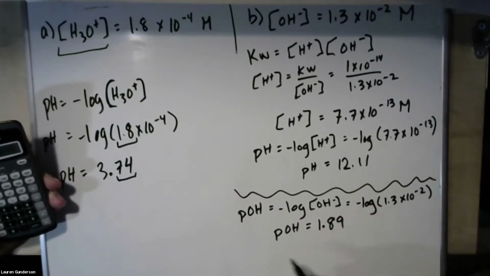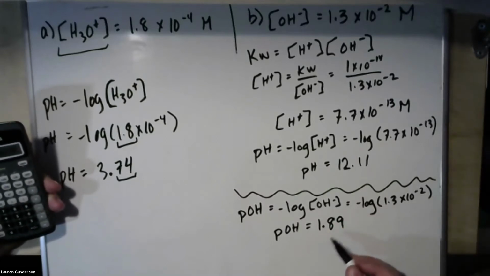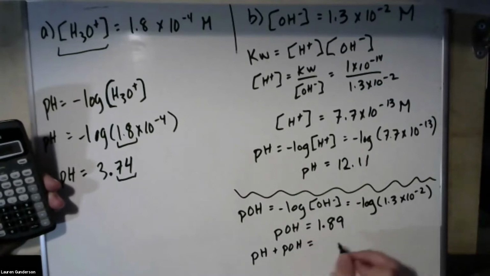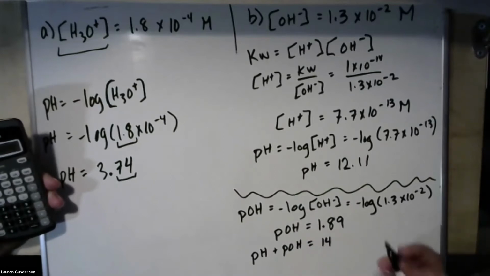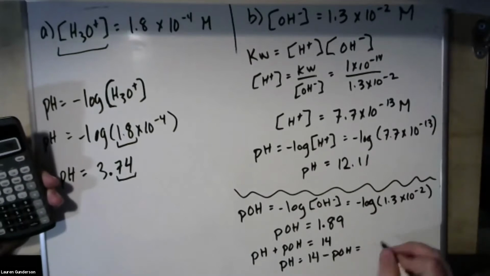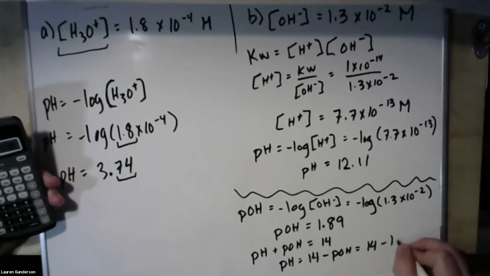Now I want to find my pH value. I don't want to just leave it as my pOH, but we remember that pH plus pOH equals 14. So if I want to find my pH value, I can just do 14 minus pOH. So 14 minus 1.89.